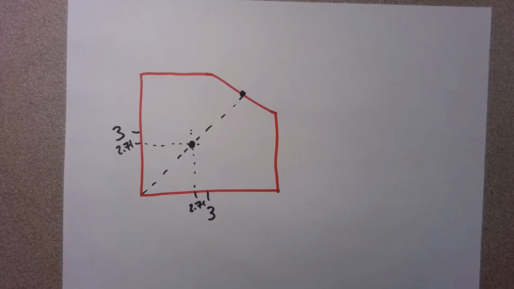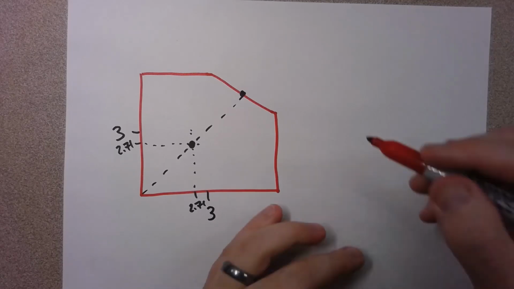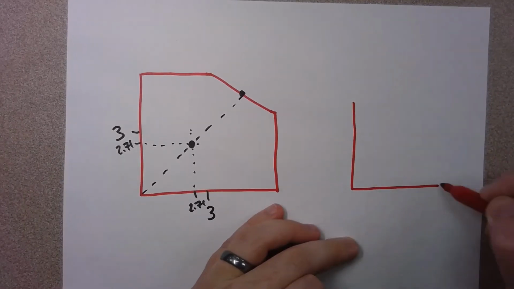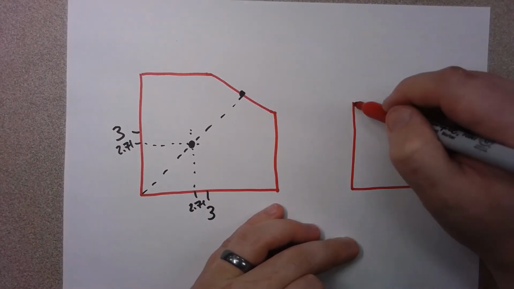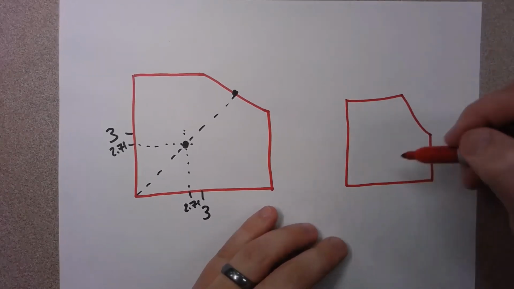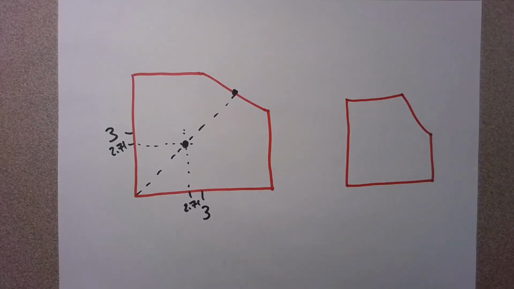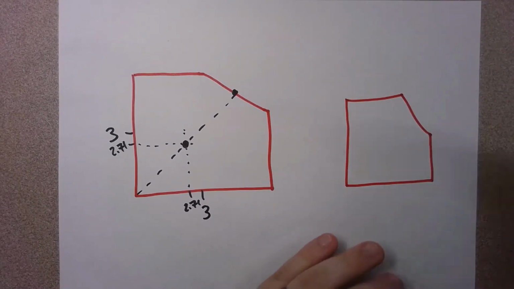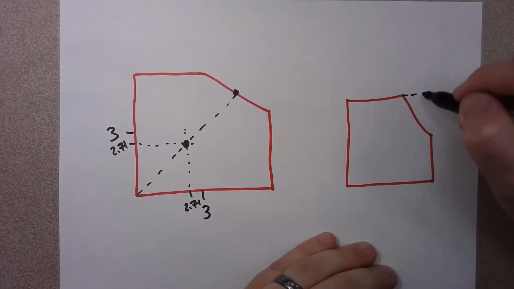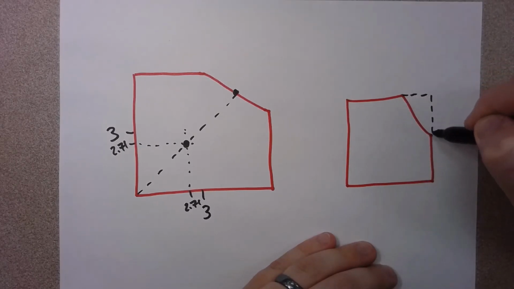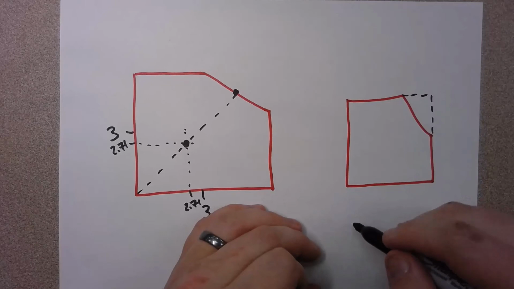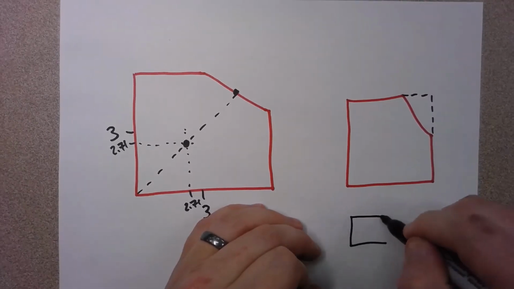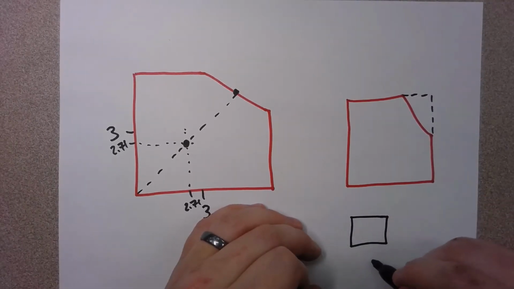There is another method where we would take our complex shape here, right? And instead of dividing it up into 3 shapes, we would do this to complete the square, okay? So we would have a really big square, and then we would have a triangle that looked like this.